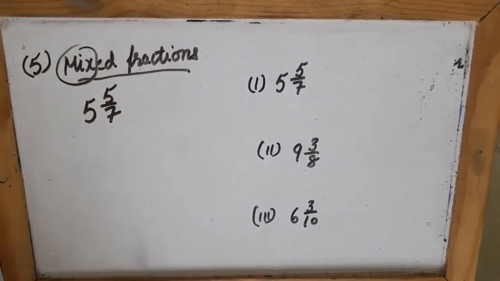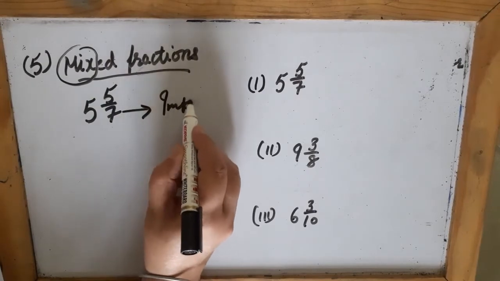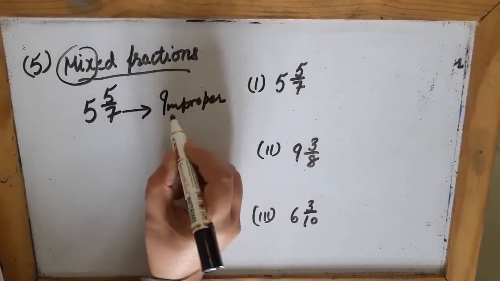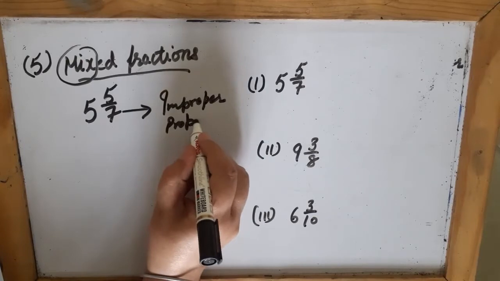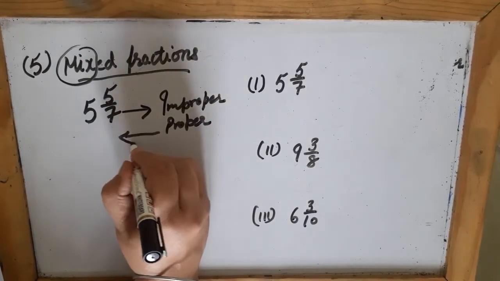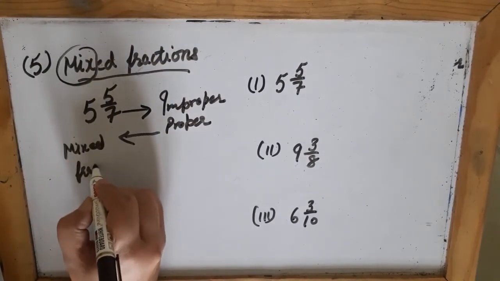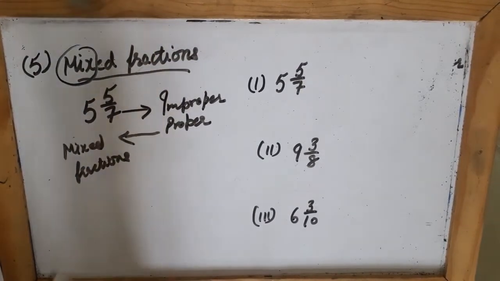So mixed fractions can be converted into improper fractions. Mixed fractions are another way of writing improper fractions, and improper fractions are another way of writing mixed fractions. So both are the same, but the method of writing them is different.